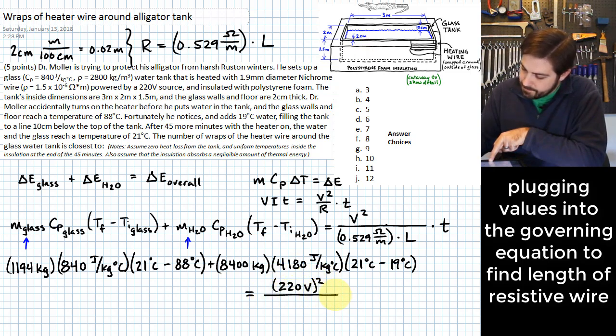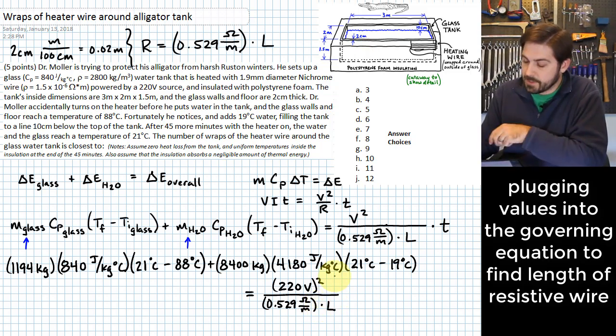That'll be squared, divided by 0.529 ohms per meter, multiplied by L. That's what we're trying to find, the length of wire that we need in order to get this resistance value that makes the proper heater. Okay, we'll multiply this by the amount of time that the heater runs.